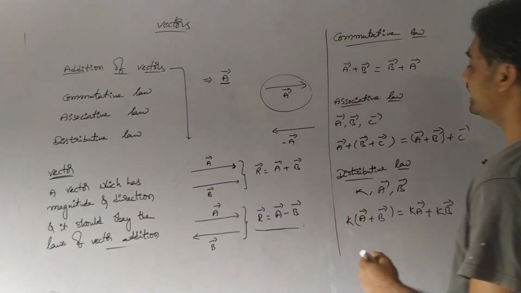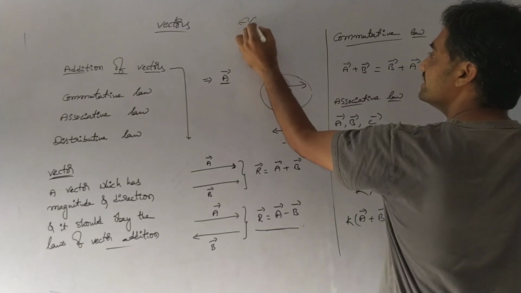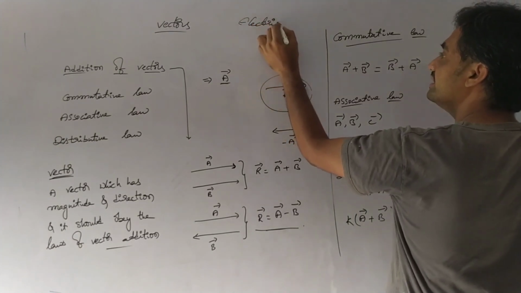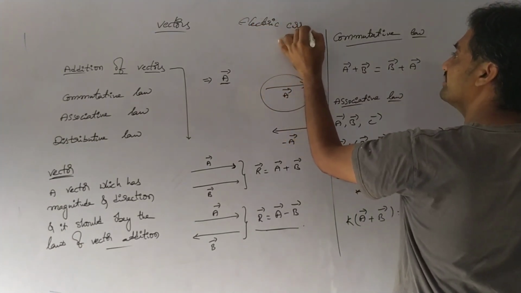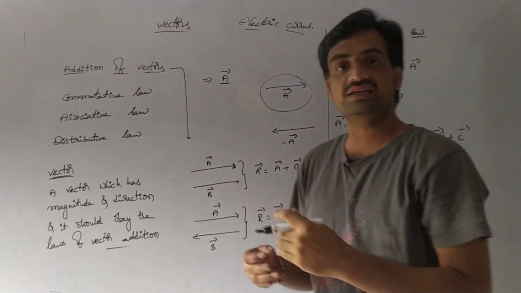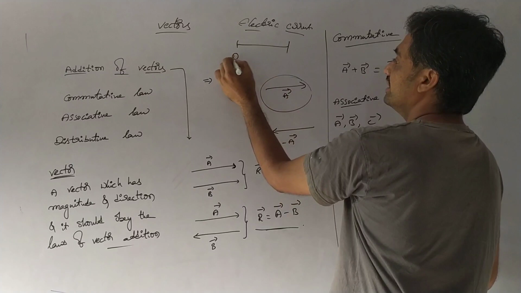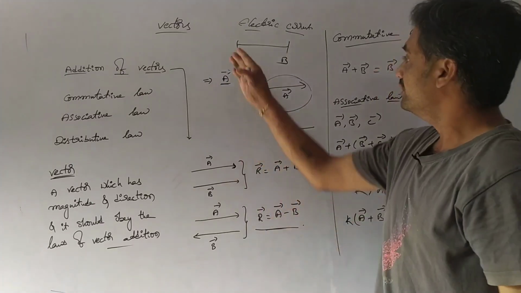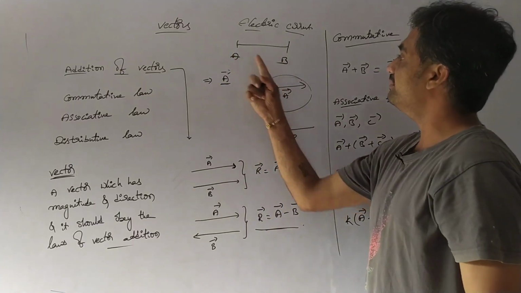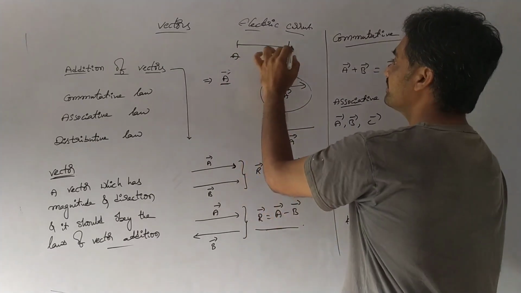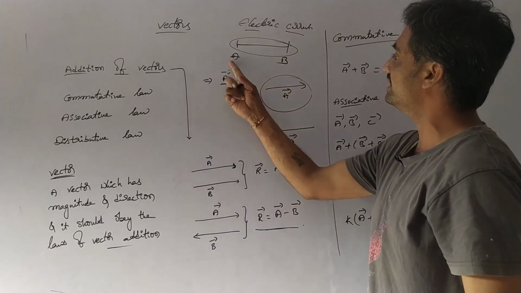Let us consider electric current. Here we can represent the direction of the current. Why? Because by placing the wire, we can say that the current is passing from one point to another point, A to B. So between the two points A and B, the current is passing, and we can also represent the magnitude of this current.